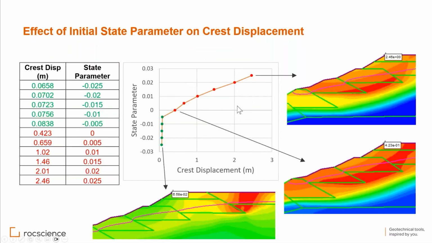And we ended up with this kind of graph, correlating the state parameters with the failure and also the displacement that we see at the crest of the dam. In the denser cases, the dam was stable. When we were going toward looser initial state parameters for the NorSand material, we had failure of the dam and it was not stable anymore.